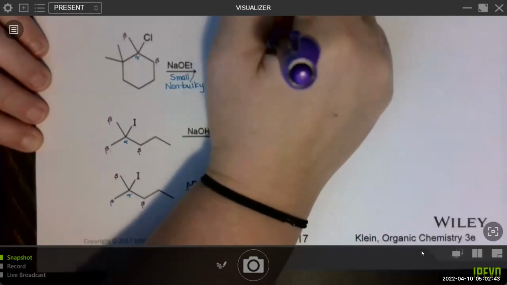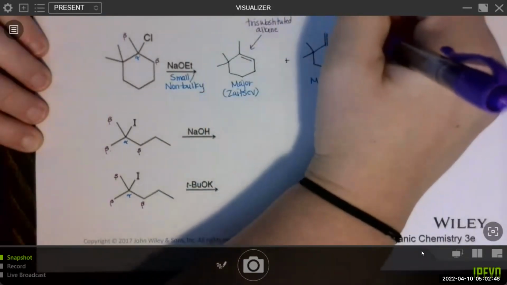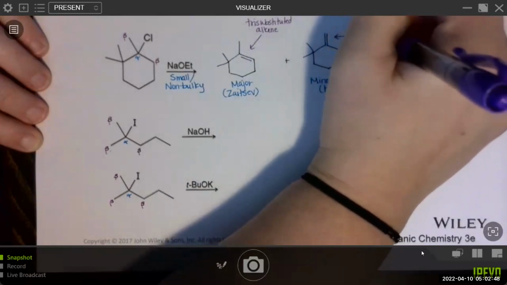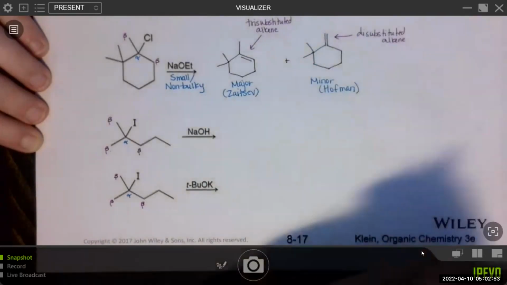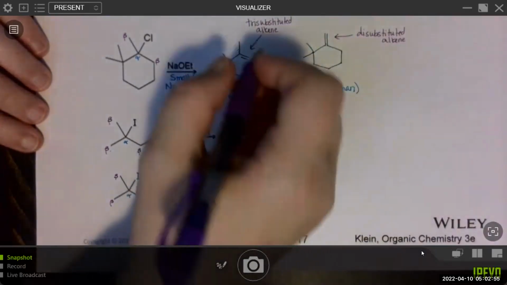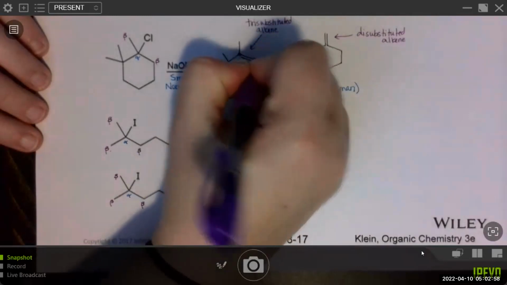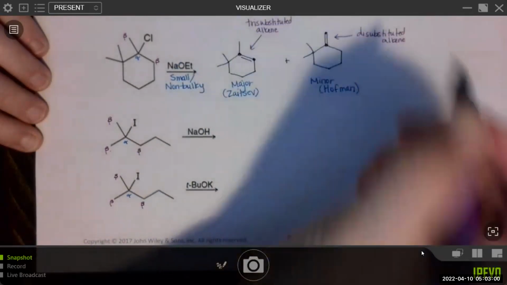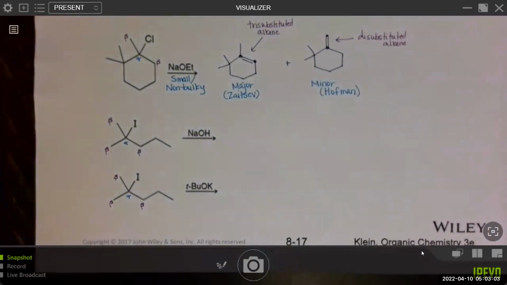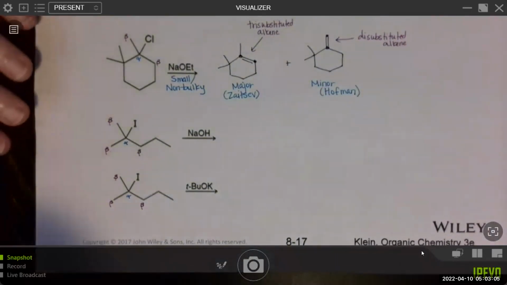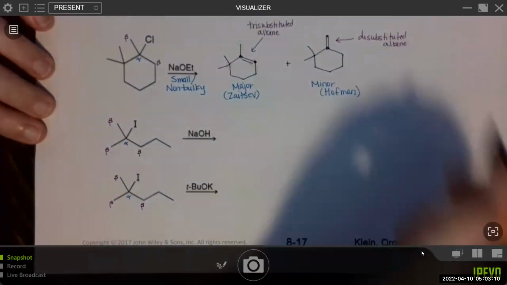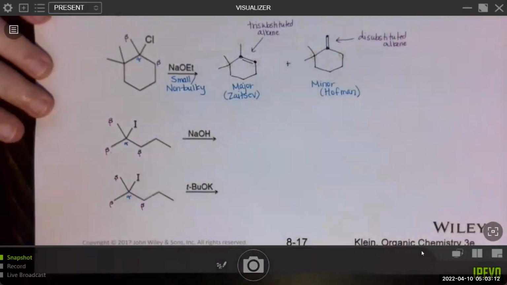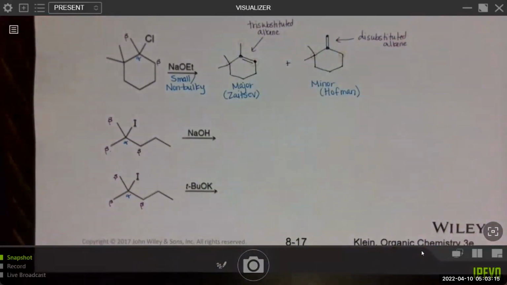Tri-substituted alkene versus a di-substituted alkene. So again, we have to identify the sp2 hybridized carbons, and then think about how many carbons are attached there. So we have 1, 2, 3 versus 1, 2. That's where I got the tri-substituted and the di-substituted from.